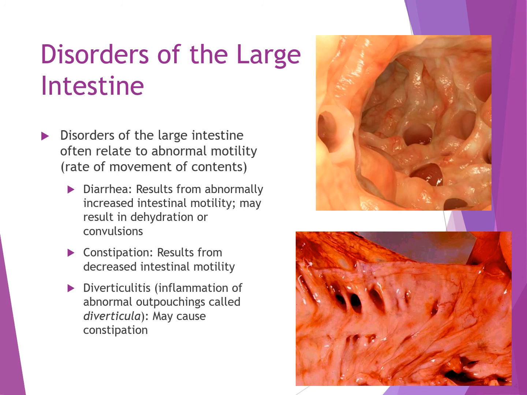The opposite can occur. When there's decreased motility, there's decreased movement of the feces through the large intestine, then we get constipation. And if there has not been a bowel movement for more than 5 days, then we start getting a little bit concerned. What else can happen?